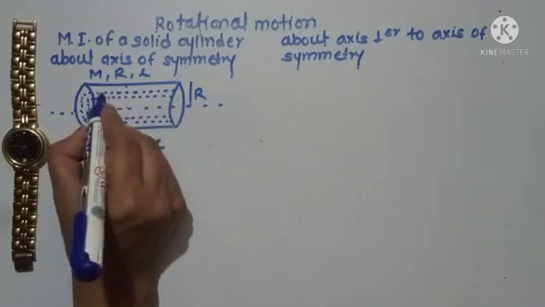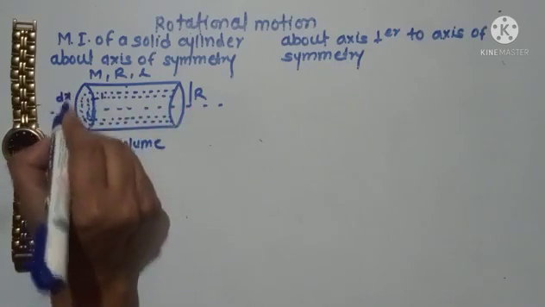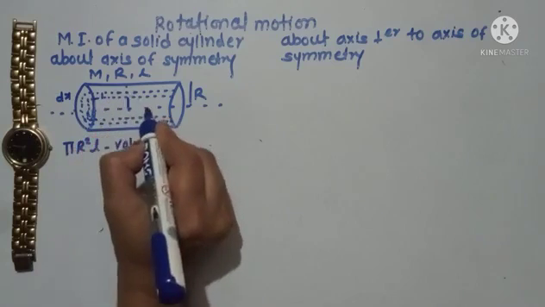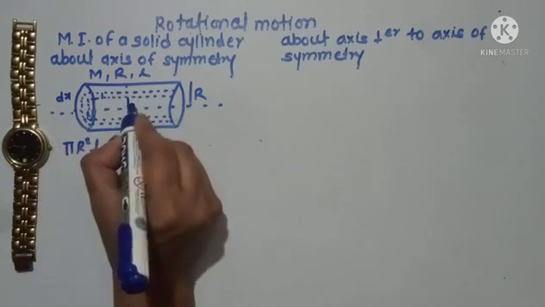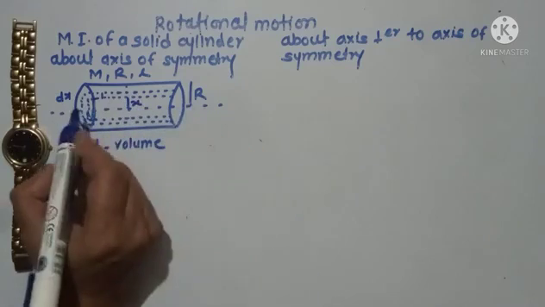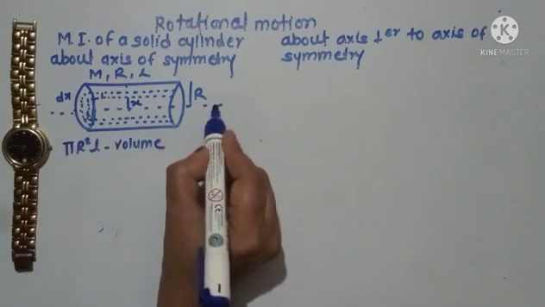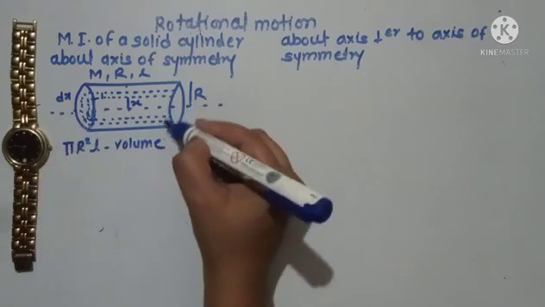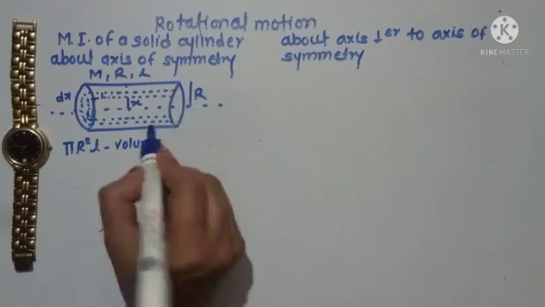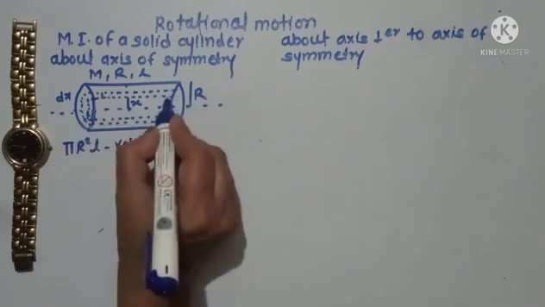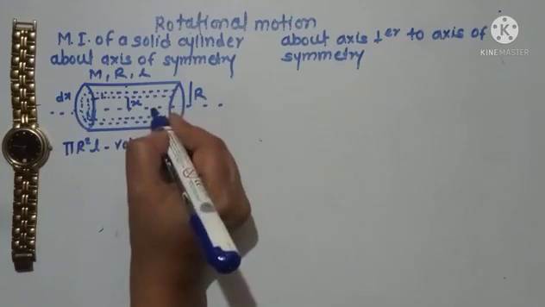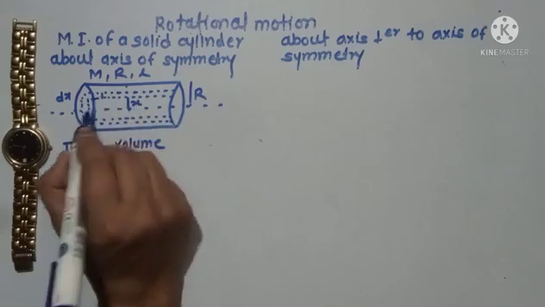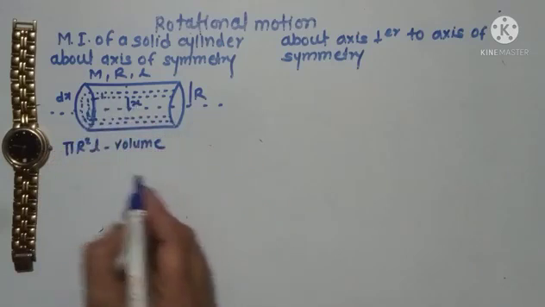So this width is dx, and let the distance of this coaxial cylinder from the axis of symmetry be x. About the axis of symmetry the cylinder is rotating, and we have considered a small coaxial cylinder inside this solid cylinder, having width dx, at a distance x from the axis of rotation.